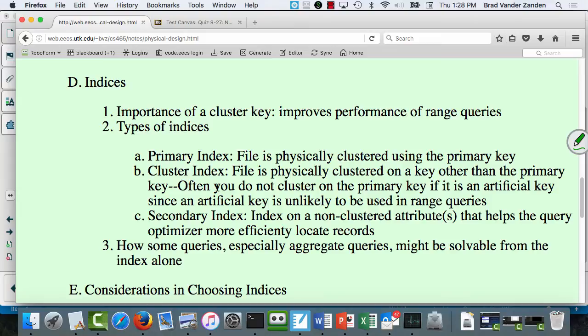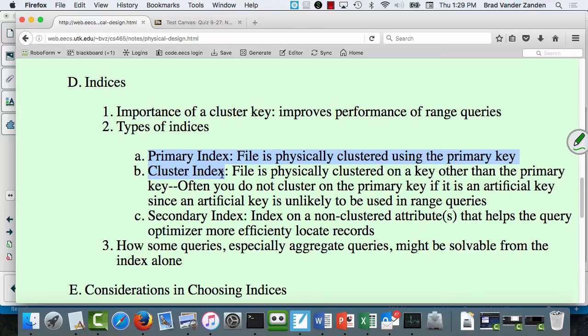Okay? And that type of index is typically called a cluster or primary index. So in both cases, primary and cluster, we're talking about the file being physically clustered or sorted using either a primary key or some other key.